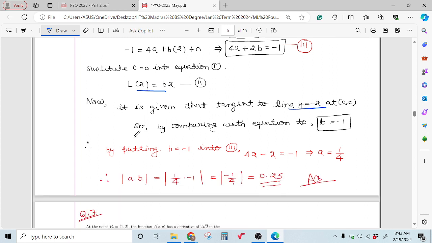Putting b is equal to minus 1 into equation 3, we get 4a minus 2 is equal to minus 1. This gives a is equal to 1 by 4, and we find the absolute value of the product ab, which is 1 by 4 multiplied by minus 1. This results in 0.25. So our final answer is 0.25.